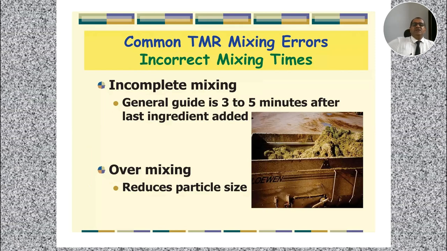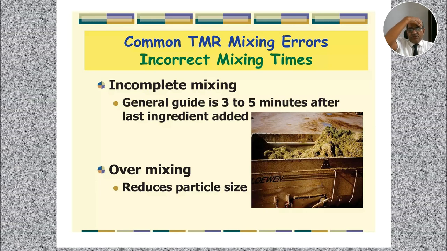Continuing with the common TMR errors, sometimes the mixing time is incorrect. A general guide is 3 to 5 minutes after the last ingredient is added. If it is not done well, it becomes incomplete mixing.